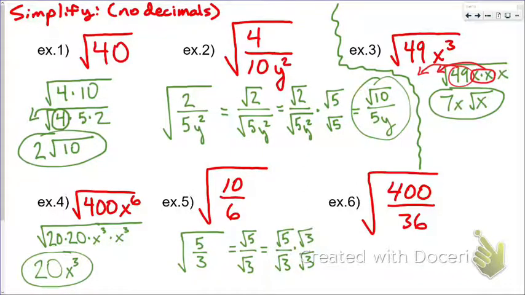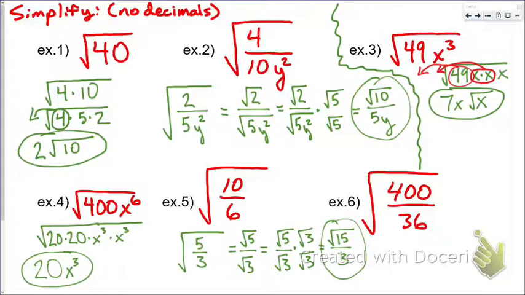And you want to multiply by square root of 3 because you need that radical to disappear from the denominator. So that ends up being square root of 15 over 3. You cannot divide those because one is in a radical and one is outside the radical. 15 does break down to 5 and 3, but neither of those are perfect squares, so it's just stuck.